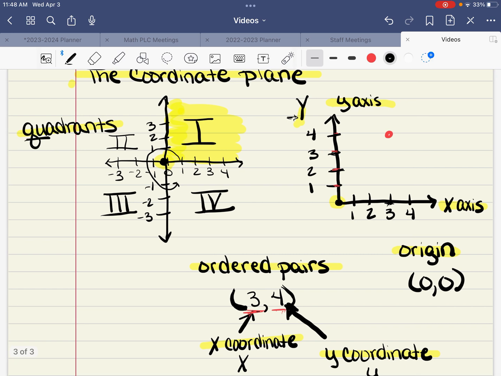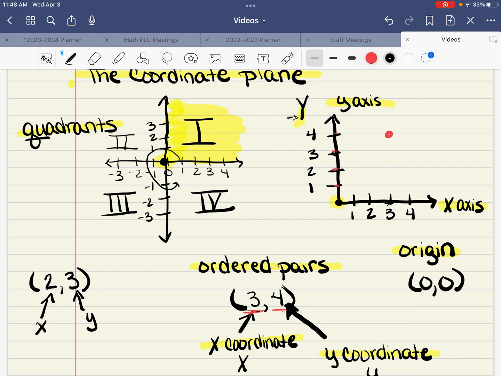If we had a point, let's say we write another point. And we write the point, let's do 2, 3. So 2, 3. Again, this first one right here, that is our X. And then the second number, that will be our Y. So X, Y. So I'm going to change colors again.